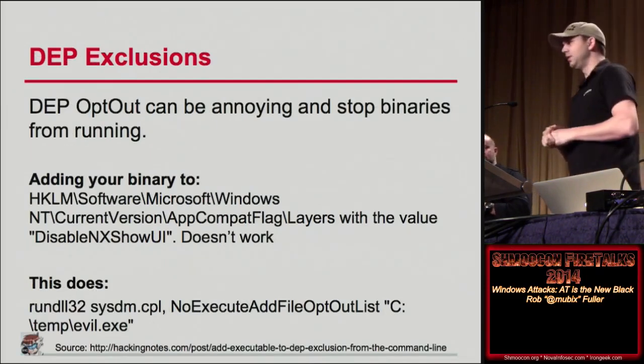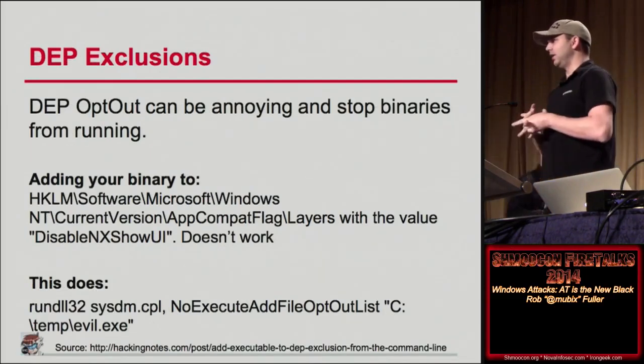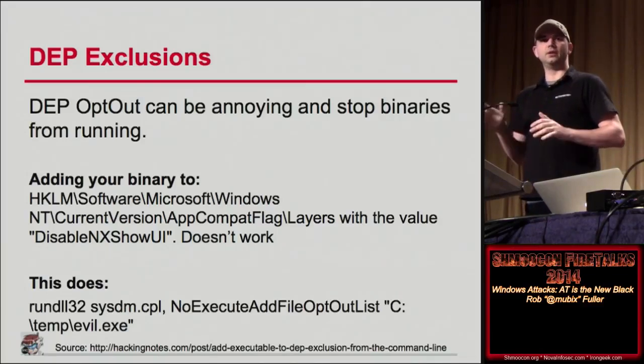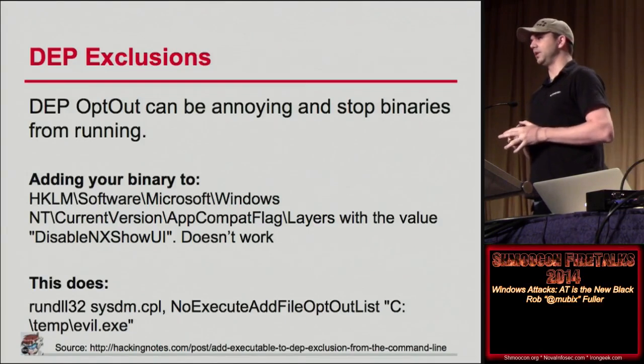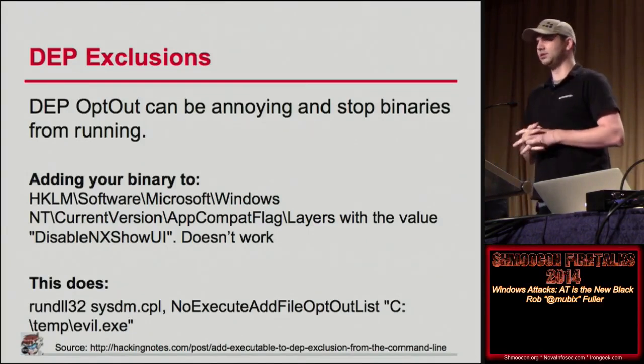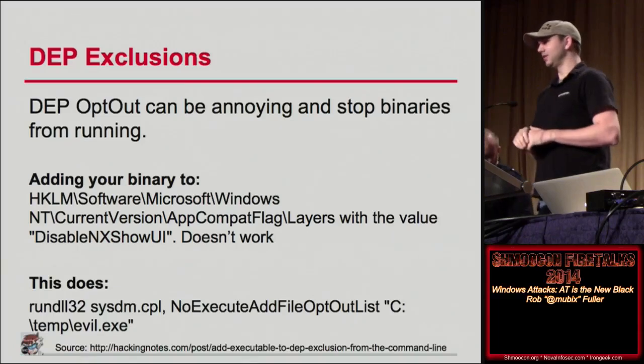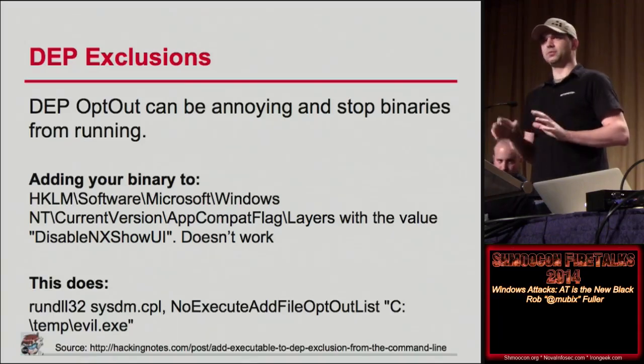Okay, so DEP. I don't know how many people build their own binaries for malware and pen test stuff, but if you build it on a Linux box, you're not going to have DEP opt-in on it. So most of the time it's really hard to do.